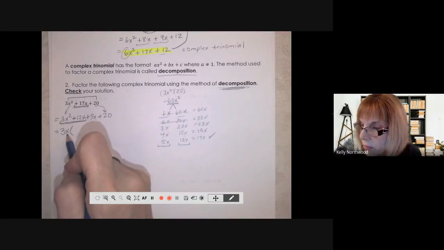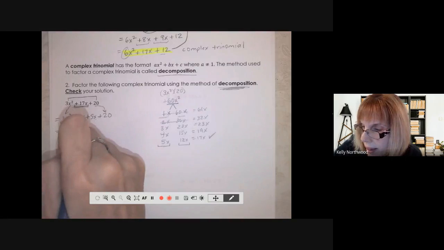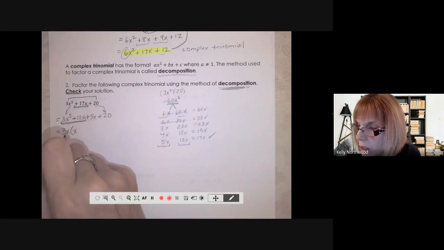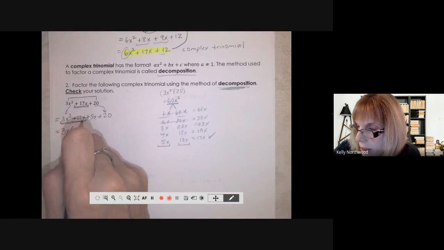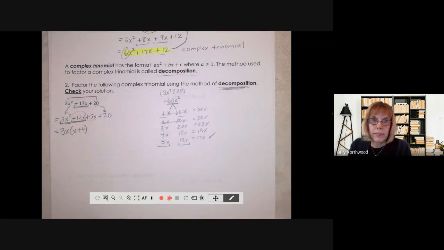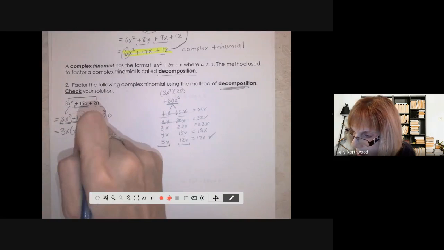So what would I need to multiply 3x by to get 3x squared? X. What would I have to multiply 3x by to get positive 12x? Positive 4. Now the sign that comes next goes next, so positive.